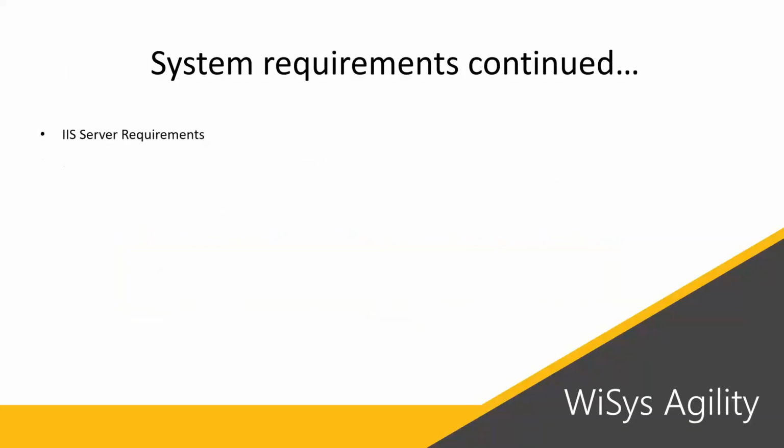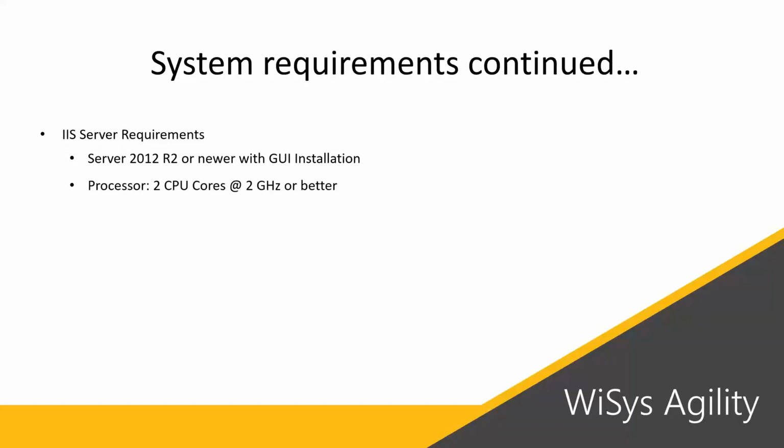As far as the IIS server requirements go, from a hardware perspective, it needs to have Server 2012 R2 or newer. You need at least 2 CPU cores at 2 gigahertz or better, 8 gigs of RAM plus 2 gigs per application pool. And again, I'll give you a little clarity on what that is and why you would need more than one a little later.